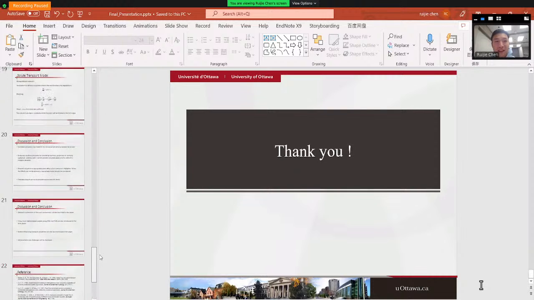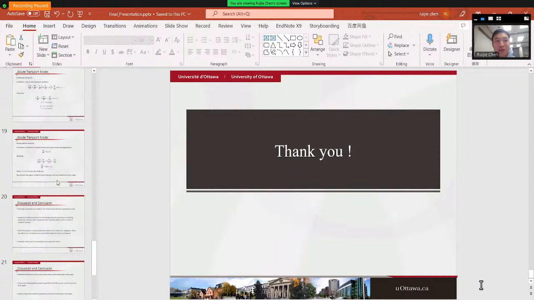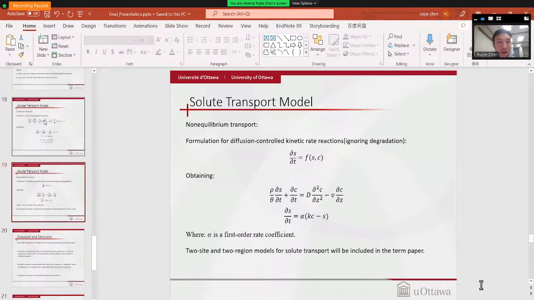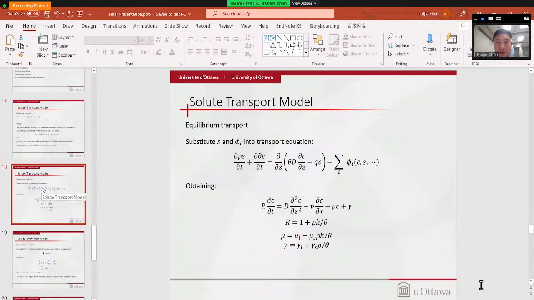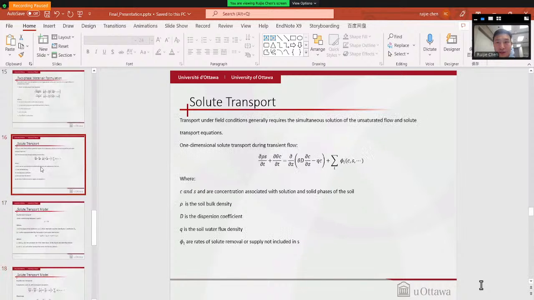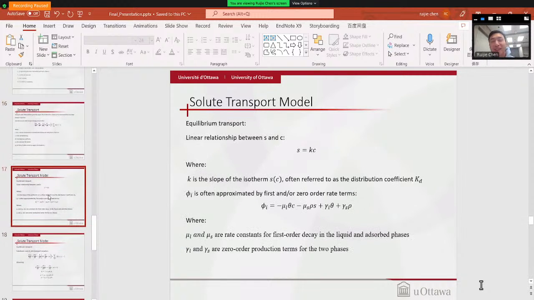I think we should obey conservation of mass. So if we don't have those terms, the left-hand side and right-hand side would not be equal.